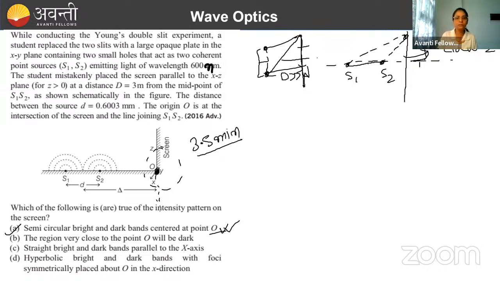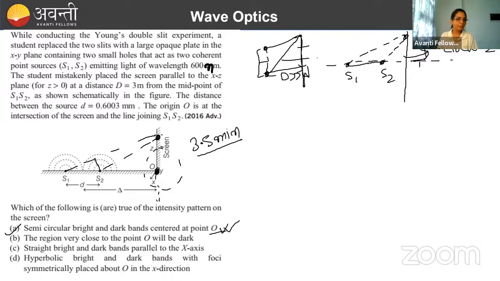How will we calculate that? At any point, to check whether we obtain a dark or bright band, we take light from the first source, light from the second source, and see what the path difference is.